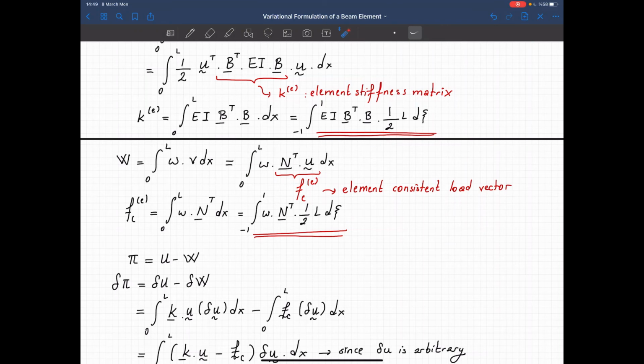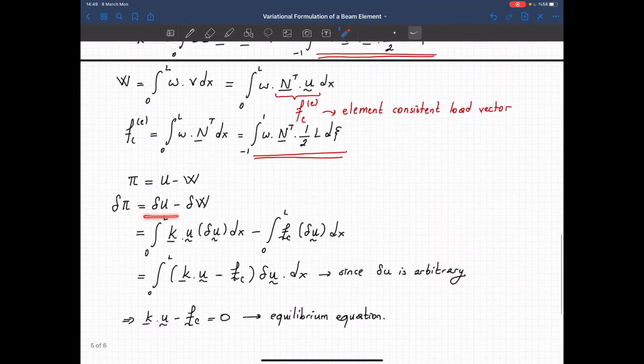Just to double check, I take the first variation that gives me the stationary condition, or in other words the equilibrium condition, and that directly gives me the stiffness matrix multiplied by the displacement minus the consistent load vector should be equal to 0.